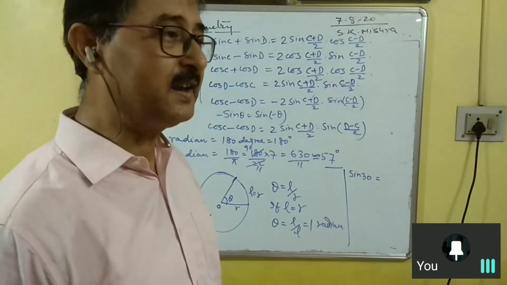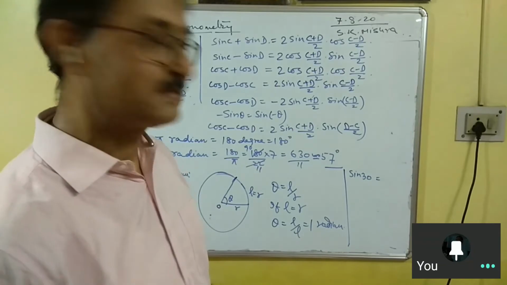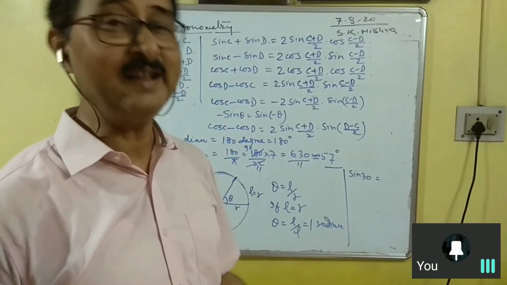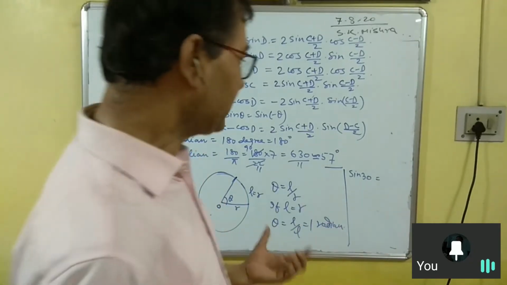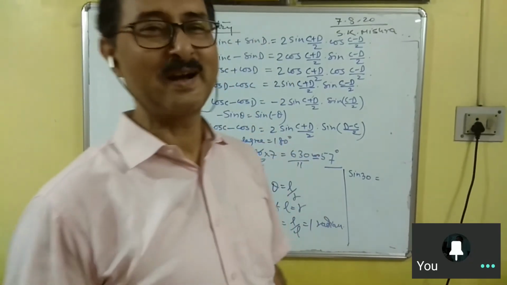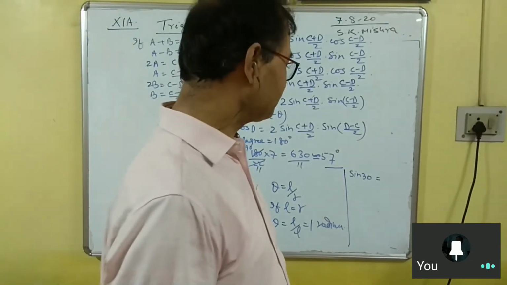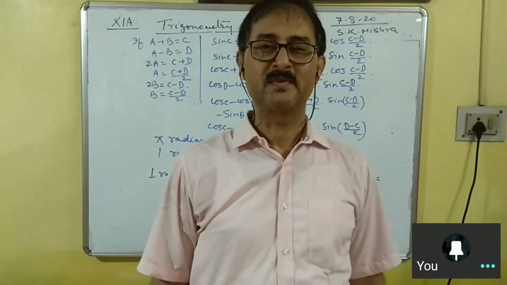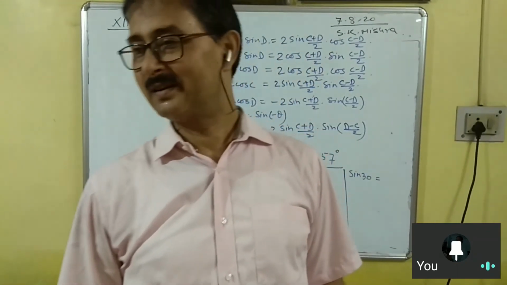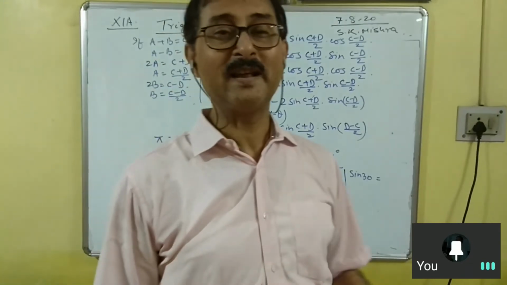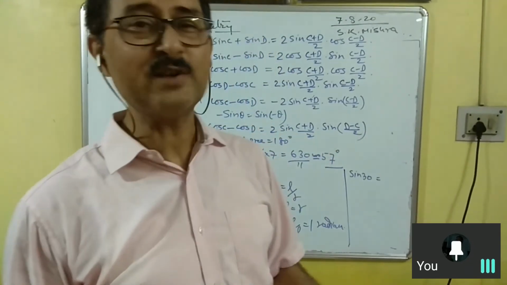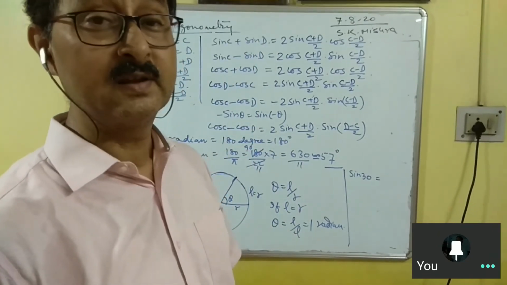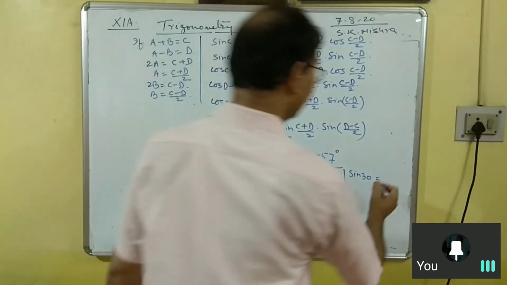Sine 30 degree is half. Sine 30 means sine 30 radian. This is a common mistake which students commit. If I ask you the value of sine 30, your answer should not be 1 by 2, because I am not mentioning the degree part. If degree is not mentioned, then it is radian. Sine 30 radian, so sine 30 will never be half.